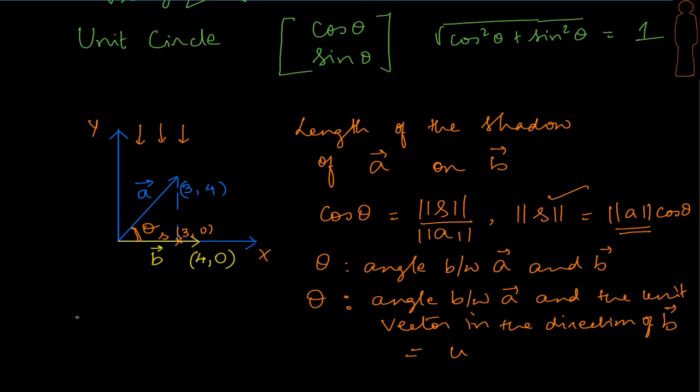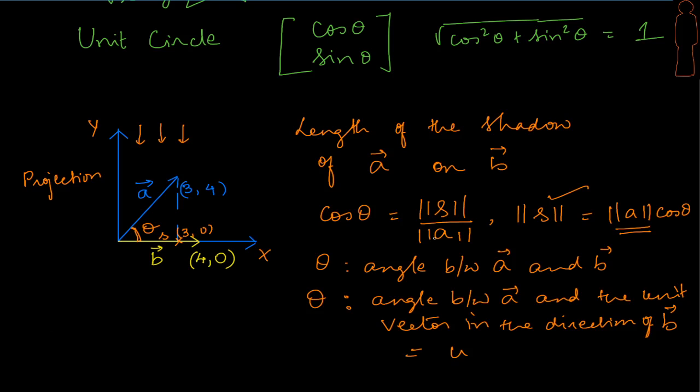People are quite interested in the length of the shadow basically because we are going to use this concept called projection many times. That is why there is a keen interest in the length of the shadow, because it's projection.